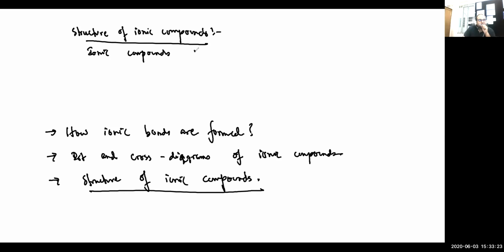Ionic compounds form giant ionic structures.